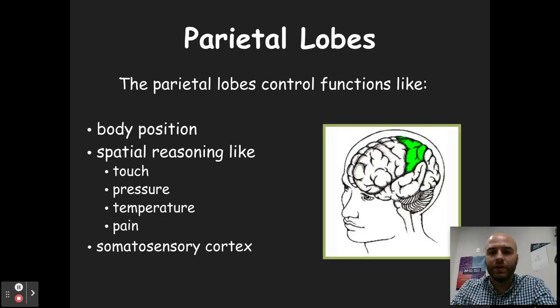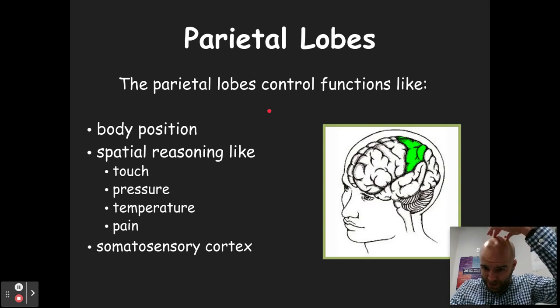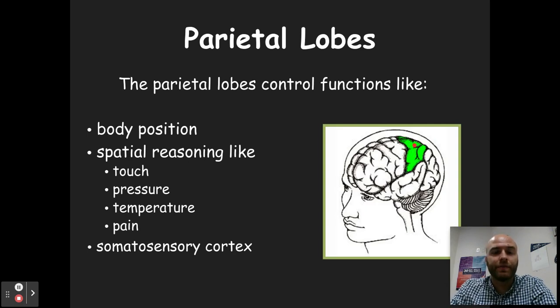Our next lobe is called the parietal lobe, and that's just towards the top back of your brain, right here. It's responsible for things like body position and spatial reasoning. So when we talk about the idea of kinesthesis, something that we'll get to eventually, as well as vestibular sense, things like that, that body position and spatial reasoning, this is the parietal lobe's job, okay?